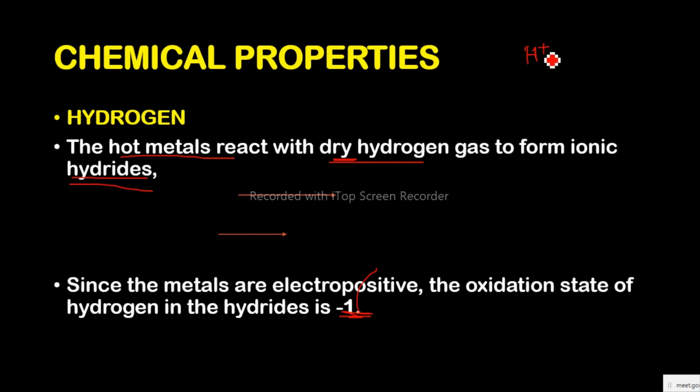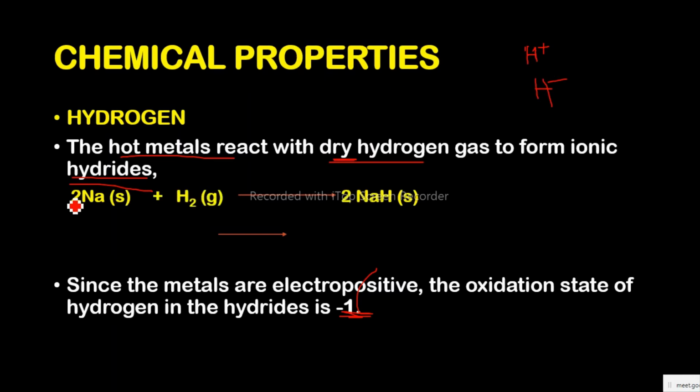But when it is reacting with a highly electropositive element, the hydrogen behaves as a hydride, where it receives that one electron to form a hydride. I hope this is okay.